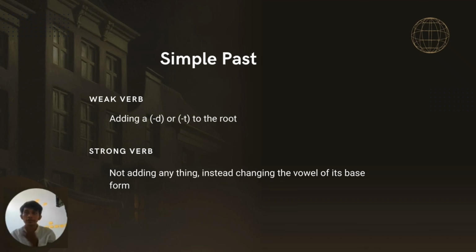For example, steal, stole, stolen, or write, wrote, written. These two distinctions are nowadays known as regular and irregular verbs. But in the past, they were called weak or strong verbs.